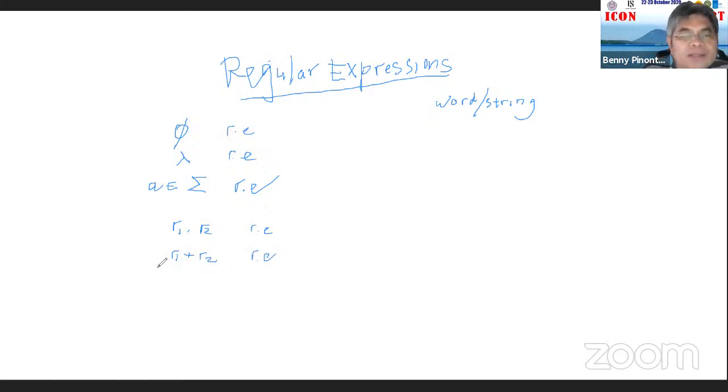Then if R is a regular expression, then R star, which we call the Kleene star, is also a regular expression. I'm not so sure how to pronounce that. It is the name of a person, Kleene star.